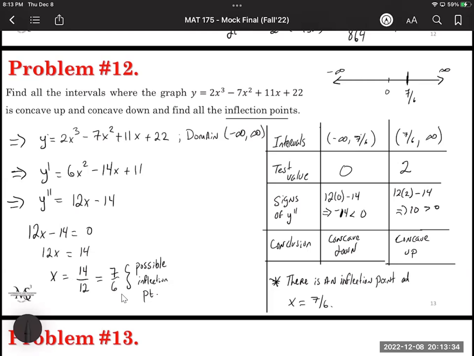Oh yeah, that's true. If it was like x minus 4 and then x plus 3, like a binomial, you'd have a quadratic. That would mean there would have been at most 2 inflection points. But then you would have to find concave up between negative infinity and the first point, between that point and the next point, and between that point and infinity.